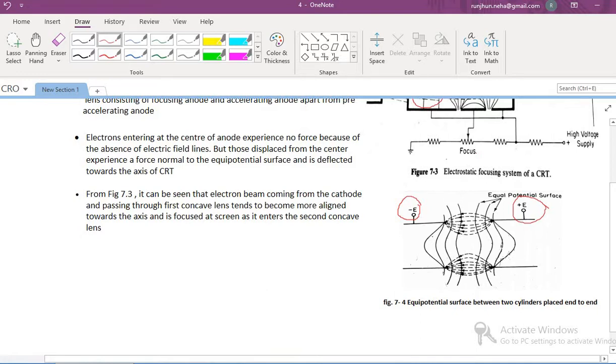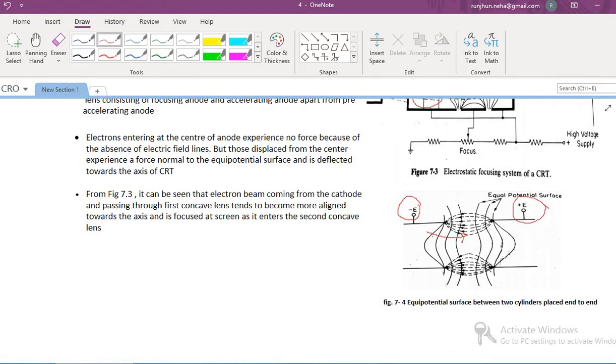Also, the electric field, as you can see, is non-uniform in nature. The vertical line shown here represents the equipotential surface, which is perpendicular to the electric field lines and is bulging out from the center. We also know that electrons experience a force in a direction opposite to the electric field lines, which means that any electron passing between these two anodes will experience a force opposite to that of the electric field lines.